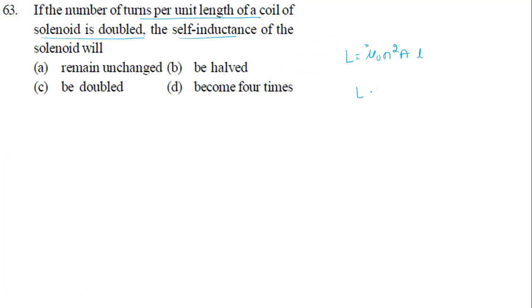So inductance is proportional to n square. Since the number of turns per unit length is doubled, n square becomes 2 square, which is 4 times. So self-inductance will increase by 4 times.